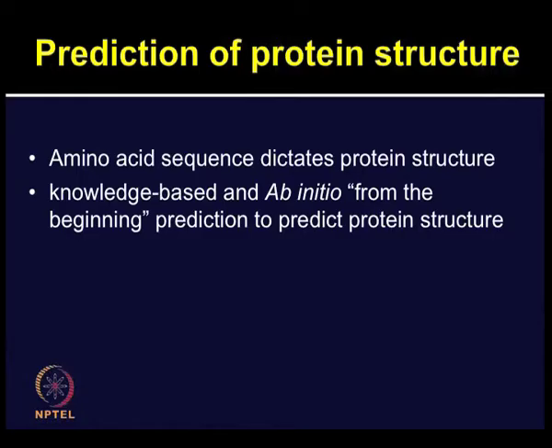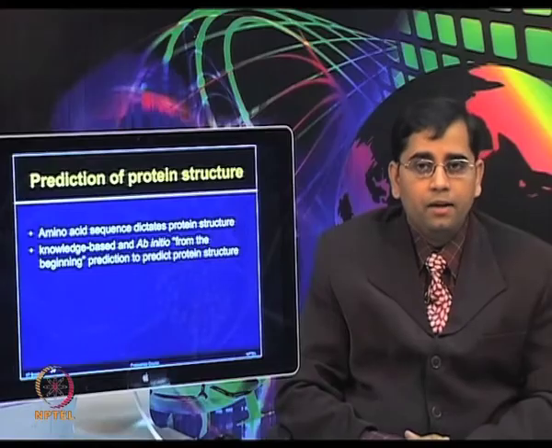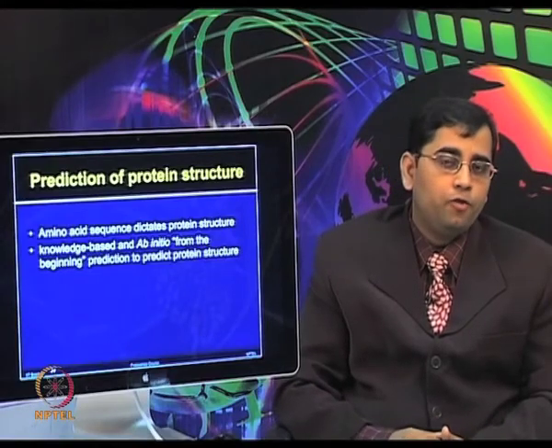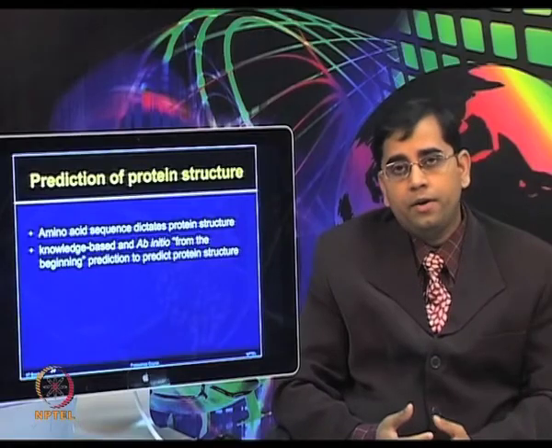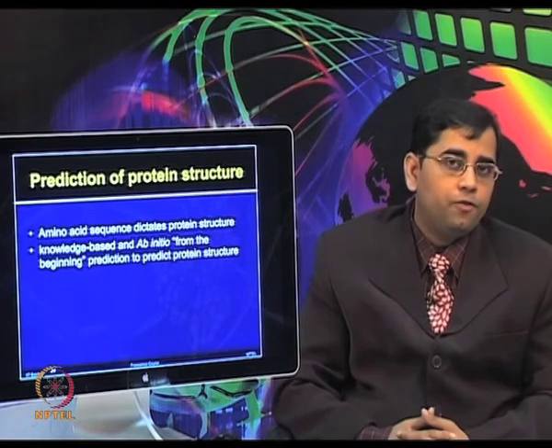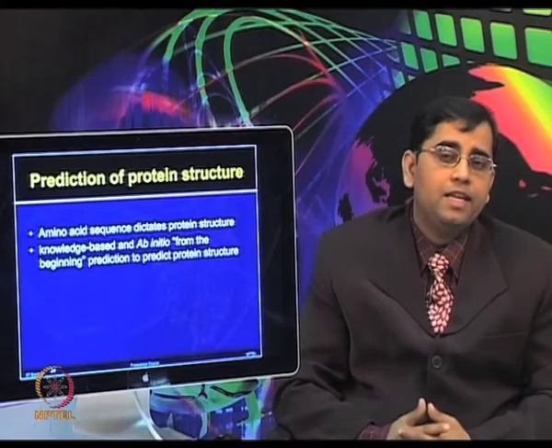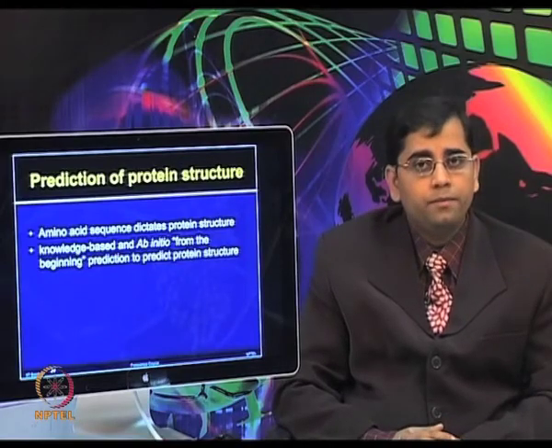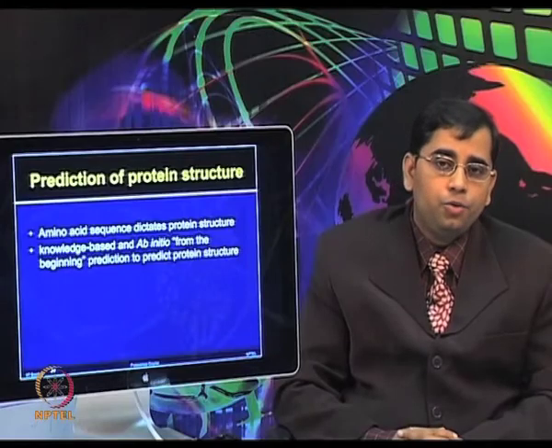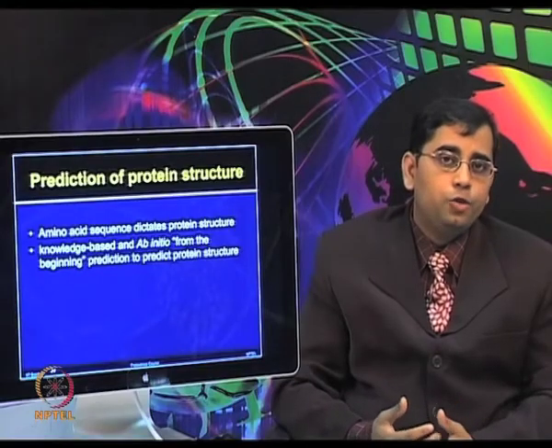As we have seen in the previous experiment, the amino acid sequence dictates the protein structure. So, theoretically, prediction of the final folded structure is possible from its sequence. However, there are long range interactions and a vast number of possible conformations, and therefore it limits these types of predictions. However, knowledge based and ab initio, from the beginning, prediction do take place to predict the protein structure.